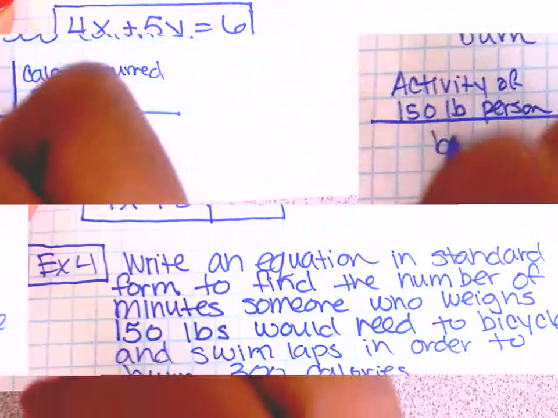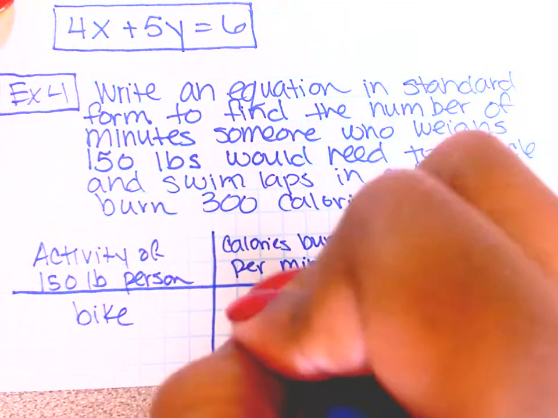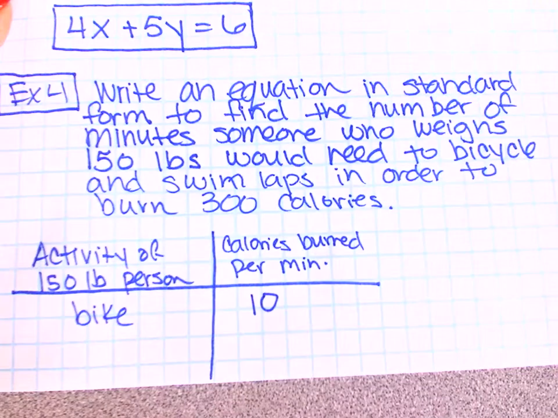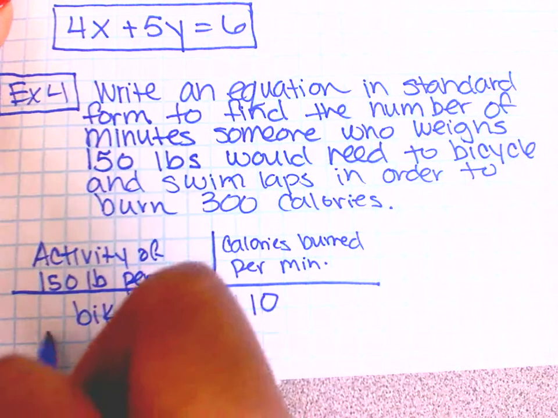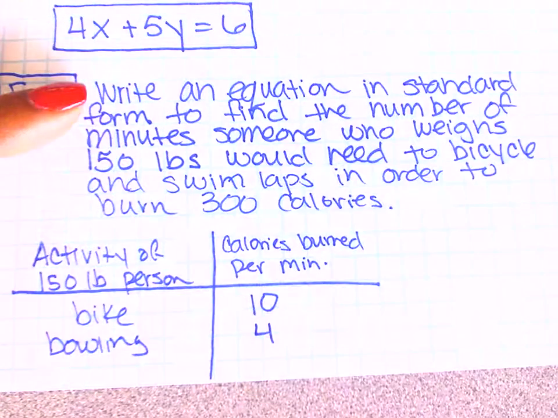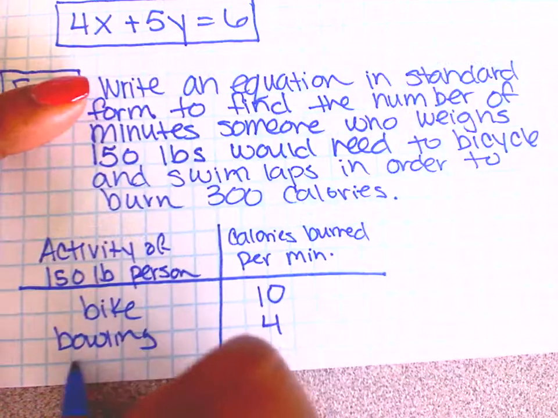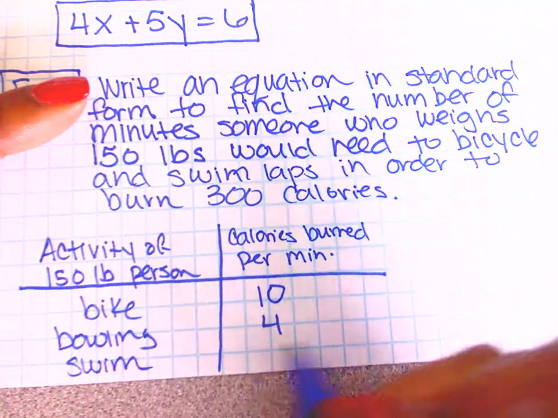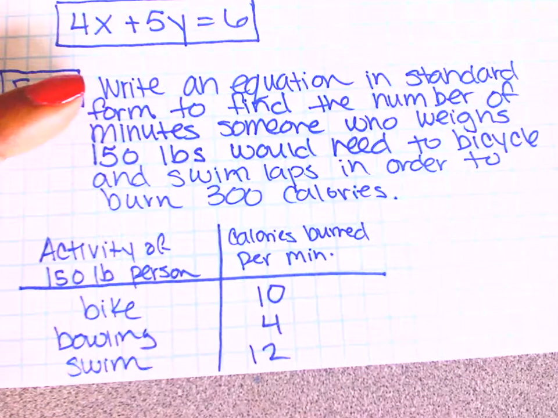So if they bike, they get 10 calories for biking per minute. If they bowl, they burn 4 calories a minute. And if they swim, they burn 12 calories a minute.